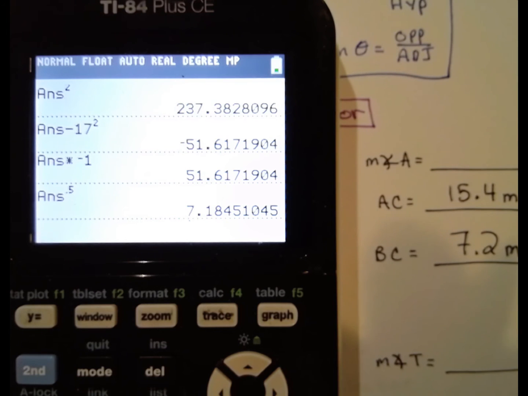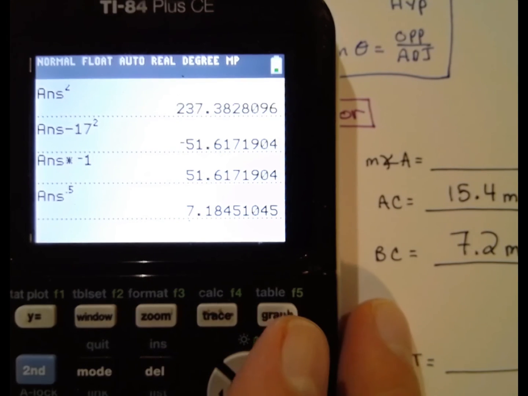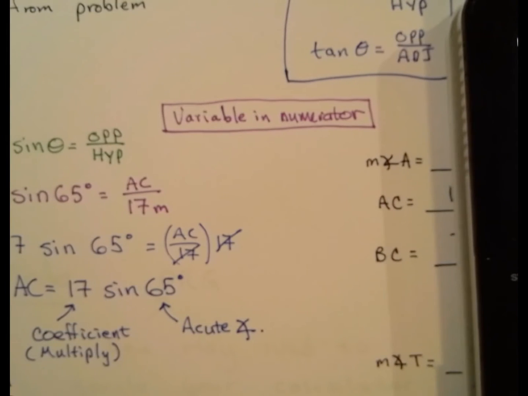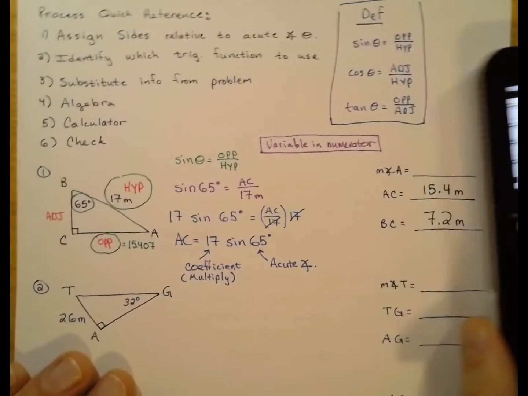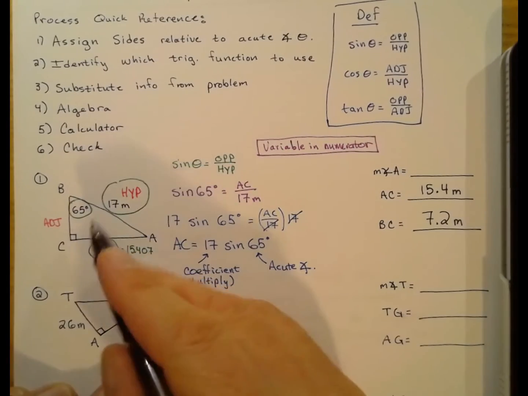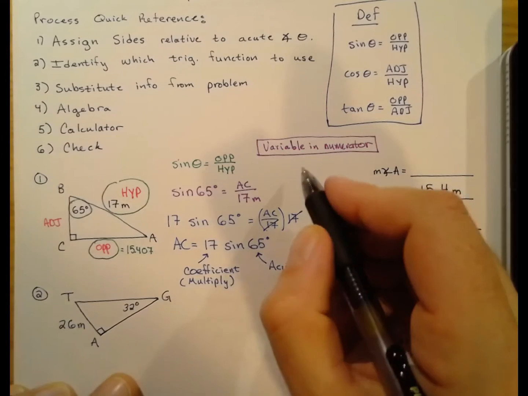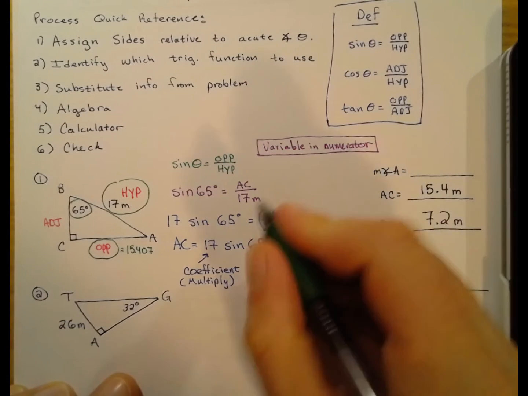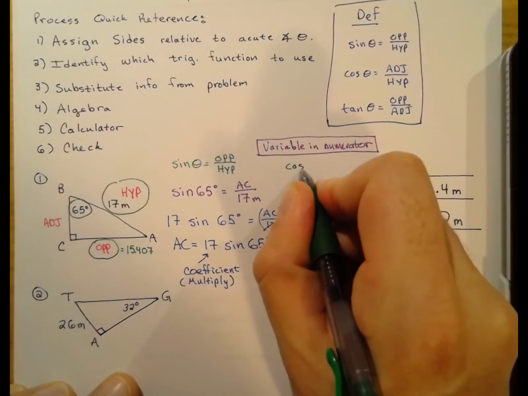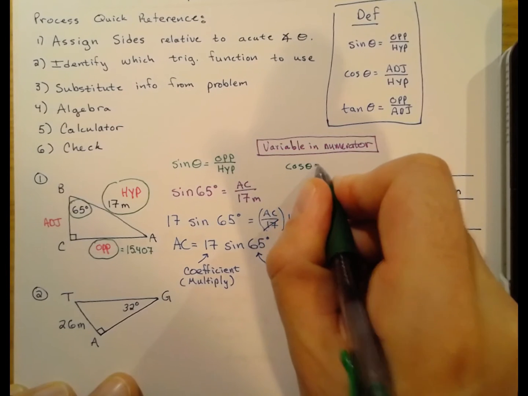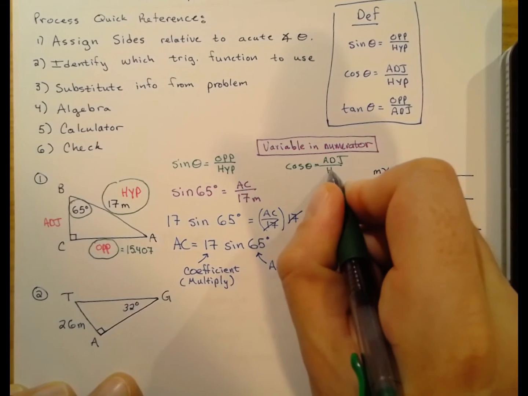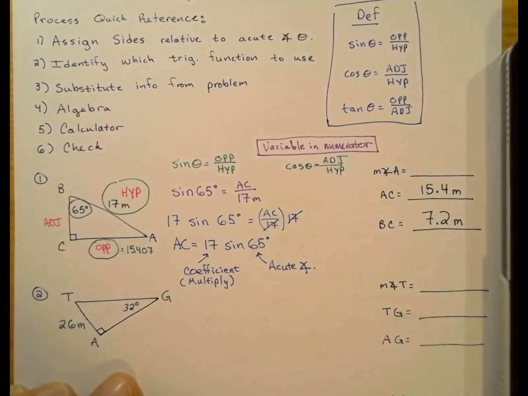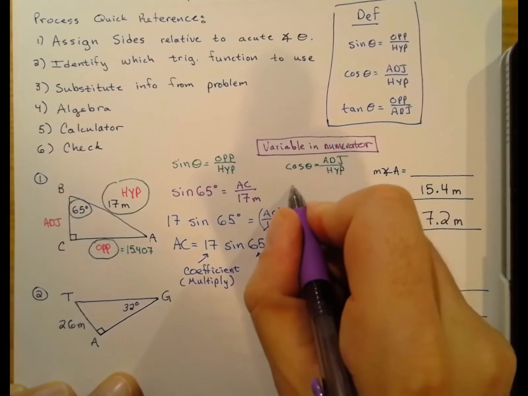Now, we could have used trig again. For example, BC is adjacent, and I know the hypotenuse. Zoom out a little bit here. So BC is adjacent, and I know hypotenuse, so I could have, a different step 2, used cosine theta is adjacent over hypotenuse, leading me to a different step 3.